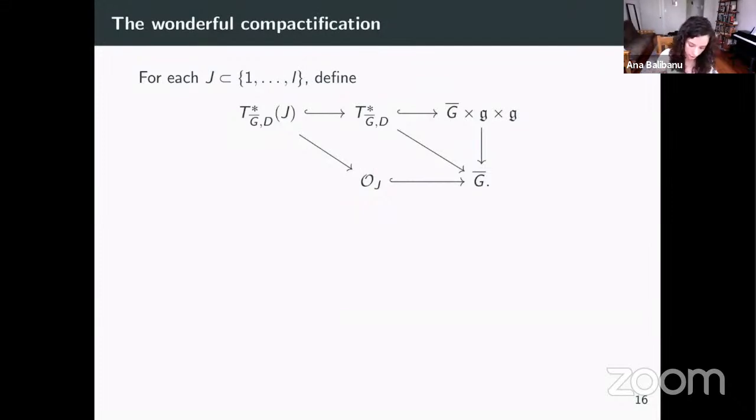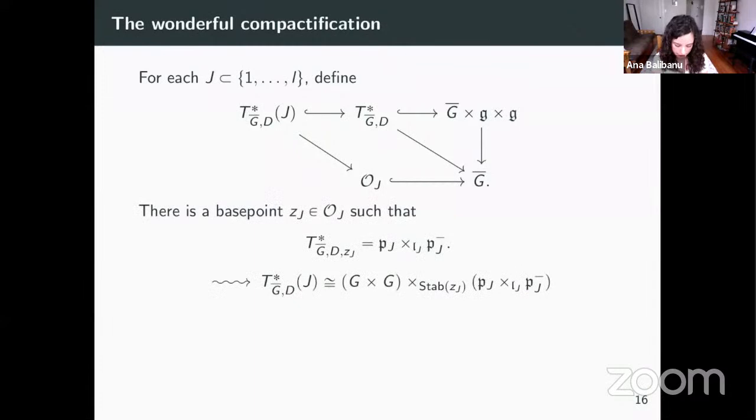I pull back the log cotangent bundle to the orbit indexed by the set J. And then it's a fact that there's a base point in every orbit so that the fiber above that point looks like this product of parabolics with the same Levi component.